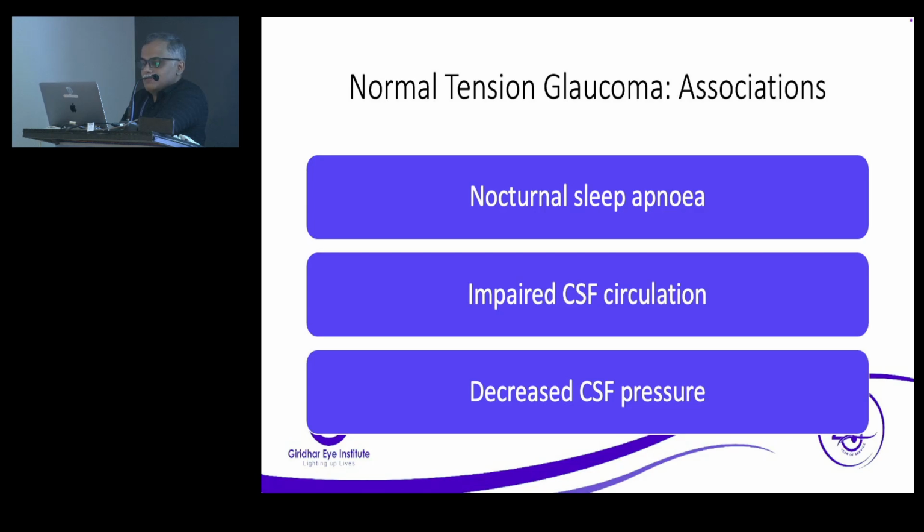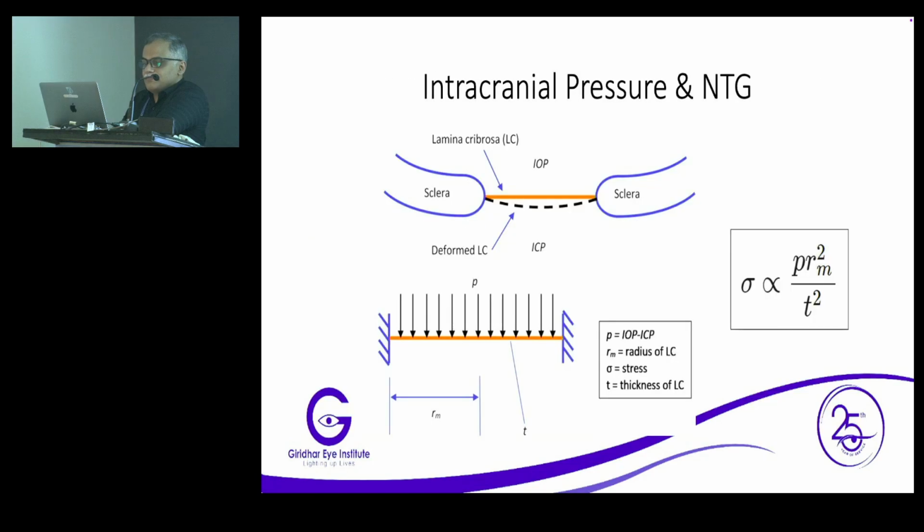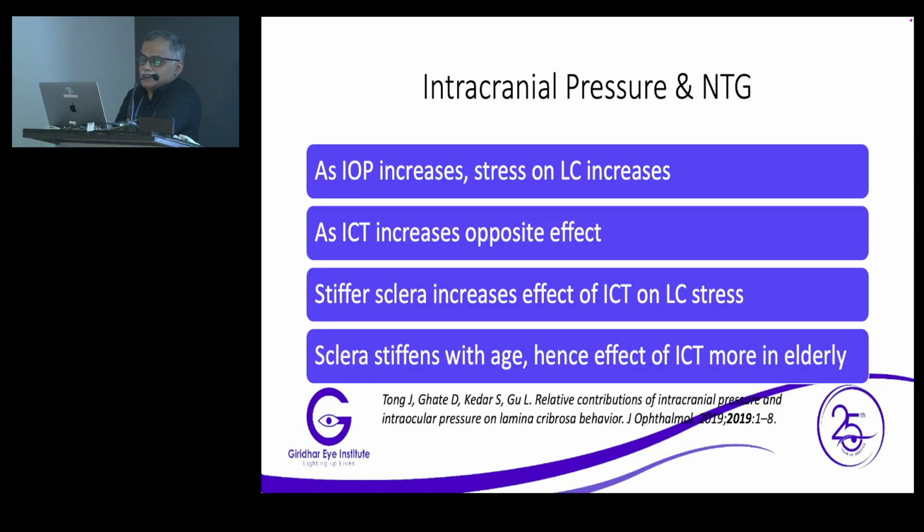Nocturnal sleep apnea, impaired CSF, decreased CSF pressure. These are all studies which showed that patients with decreased intracranial pressure are more prone to NTG. Now, how do you measure the pressure? You have to measure the pressure in a lateral decubitus position.